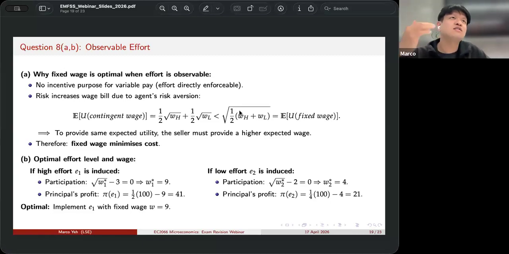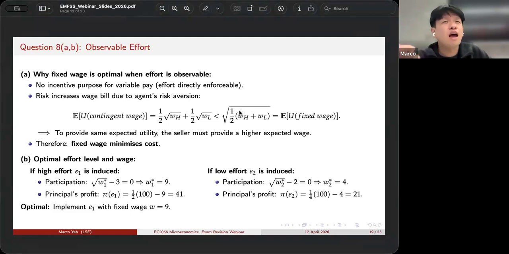But the thing is that since my agent is risk averse, if I design a contract such that with 100 revenue, I give you more money, and with 0, I give you less, given that the agent is risk averse, they will ask for a higher premium to cover the risk. What do I mean by that?